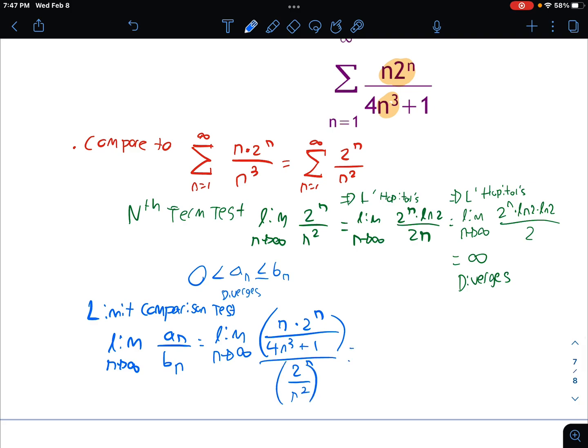And we're going to have to multiply by the reciprocal. So we're going to have the limit as n approaches infinity of n times 2 to the n over 4n cubed plus 1 times the reciprocal, which is n squared over 2 to the n.